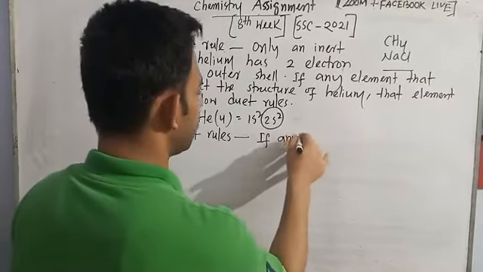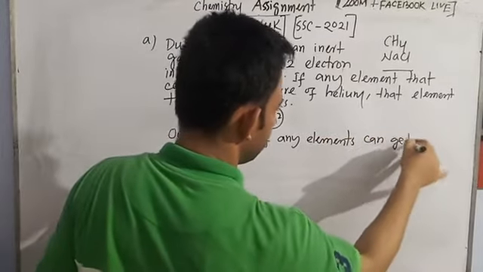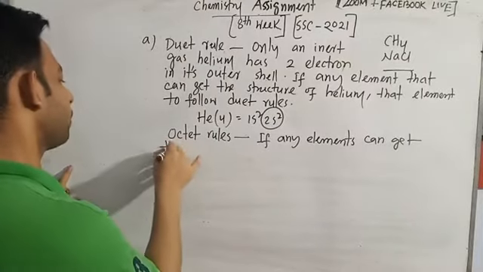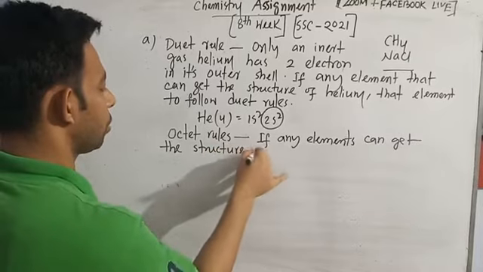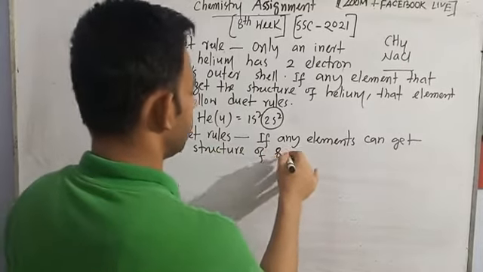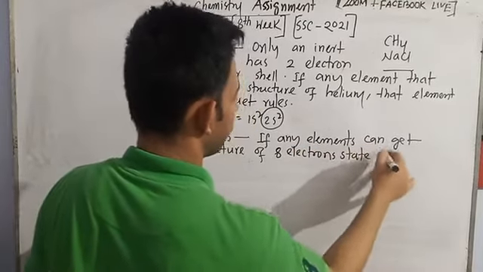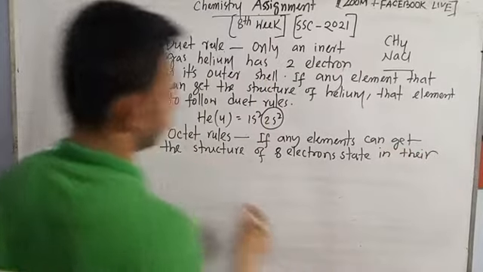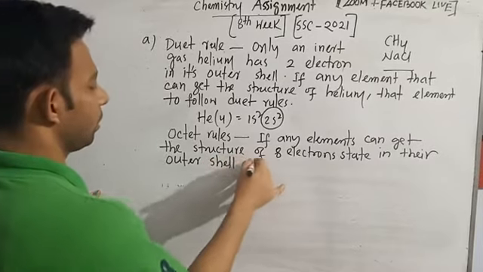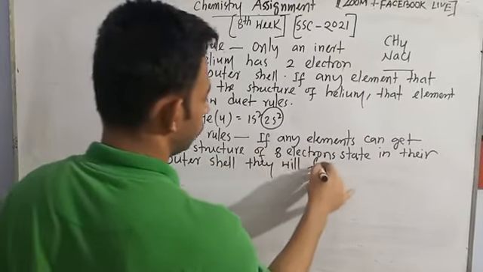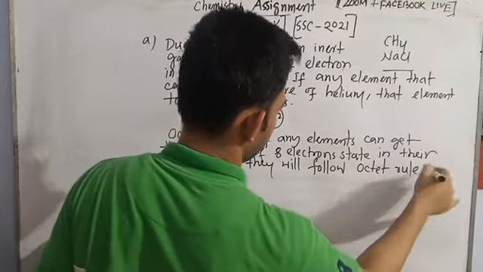If any element can get the structure of 8 electrons, the 8 electron state in its outer shell, it will follow the octet rule. I have written this one.